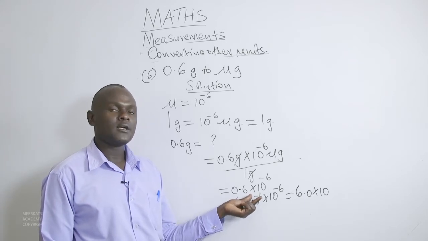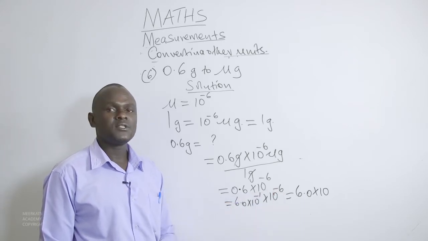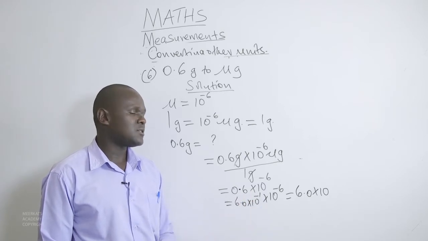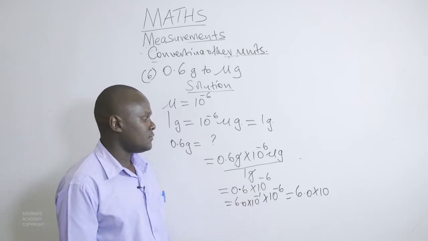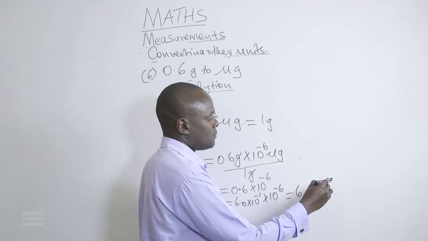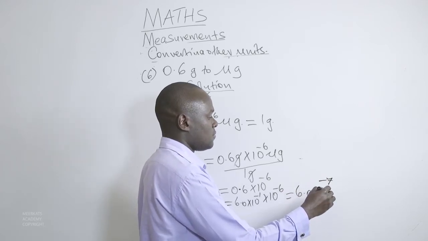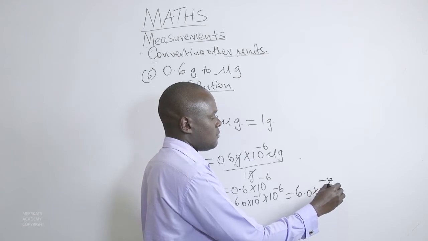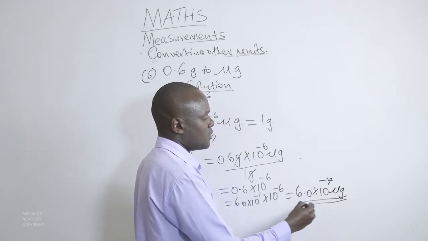So negative 1 plus negative 6 gives us negative 7. That is 6.0 times 10 raised to power negative 7 micrograms.